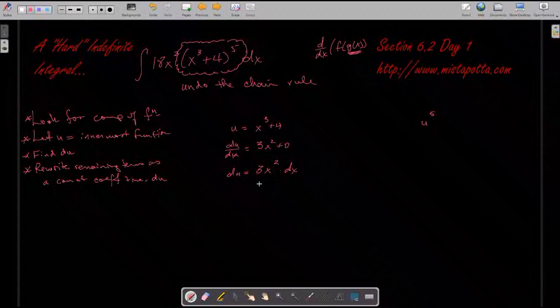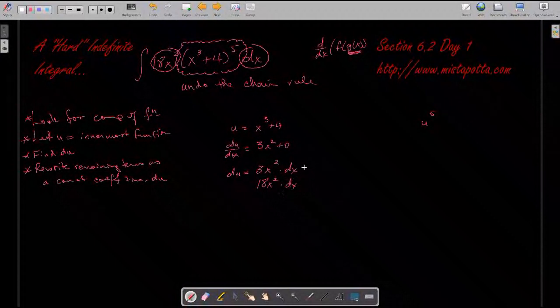What I have instead is 18x squared dx. What I have instead is this part here, this part here. And so together they're going to form this 18x squared dx.